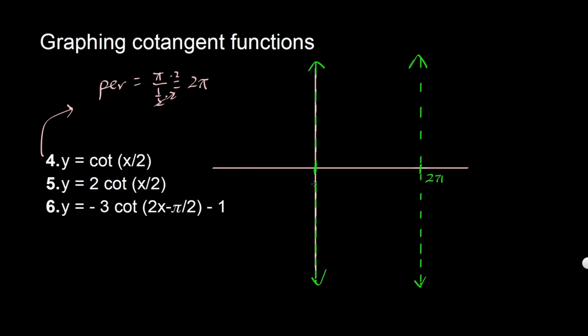So that's 0, x equals 0. Now cut it in half, which is pi. Cut that in half again, pi over 2. Multiply this by 3 and put it here. So 3 pi over 2. All right, so everything else is the same. The a value is 1, -1, 2, -2.